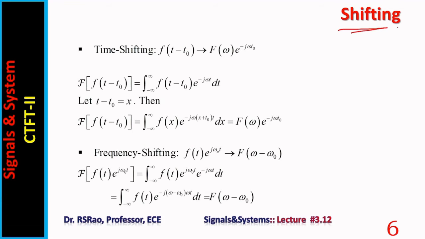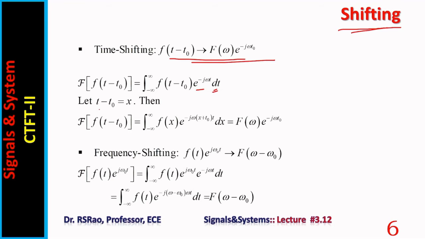Another property is shifting, time shifting. This property can be stated as: the Fourier transform of f of t minus t naught is F of omega e power minus j omega t naught. From the defining relation, the Fourier transform of f of t minus t naught is the integral from minus infinity to plus infinity of f of t minus t naught e power minus j omega t dt.